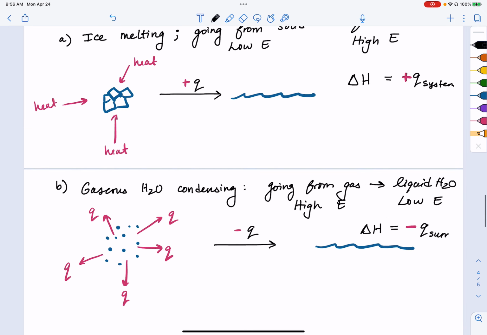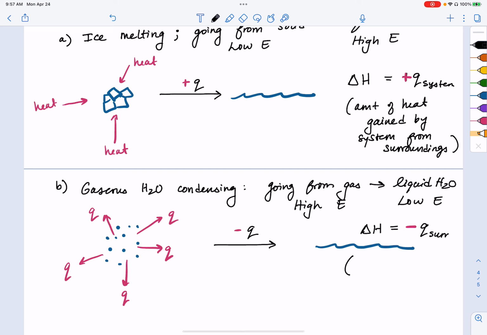So up here, this is the amount of heat gained by the system from the surroundings.